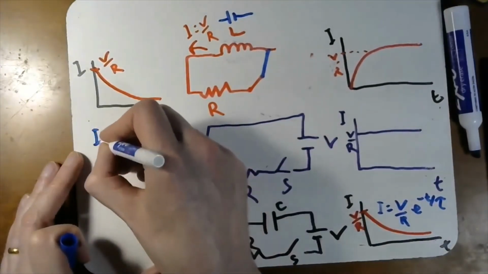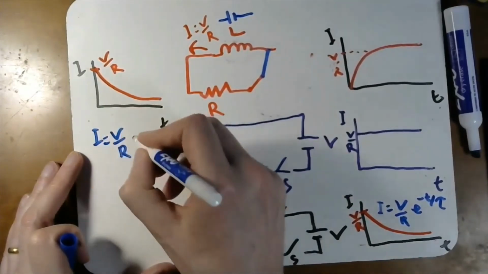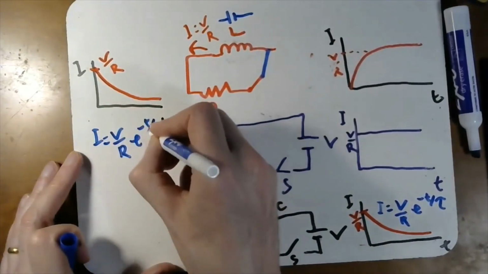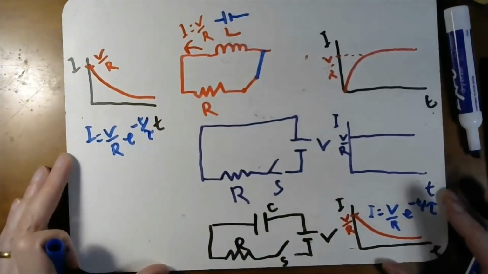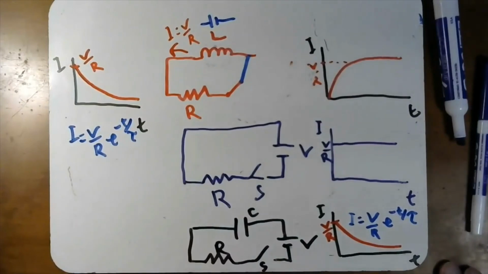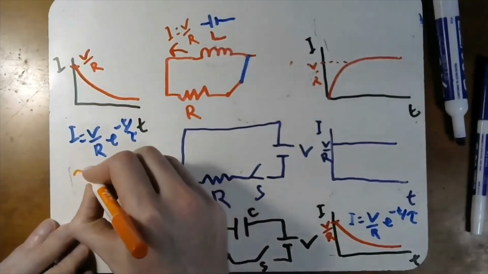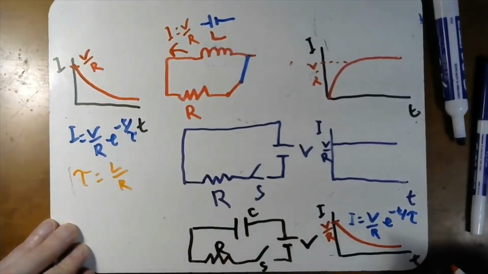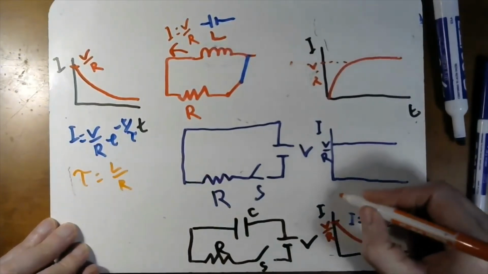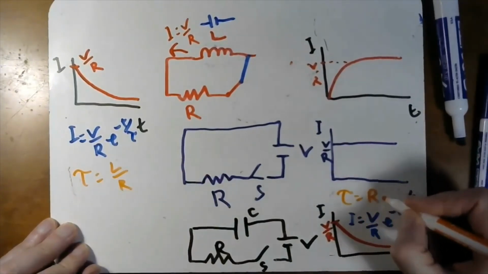It's I equals V over R times e to the negative t over tau. The only difference is that the value of tau is different for an inductor and for a capacitor. For the inductor, the time constant tau equals L over R. And for the capacitor, the time constant is RC.